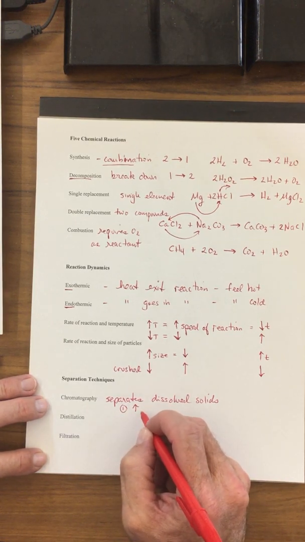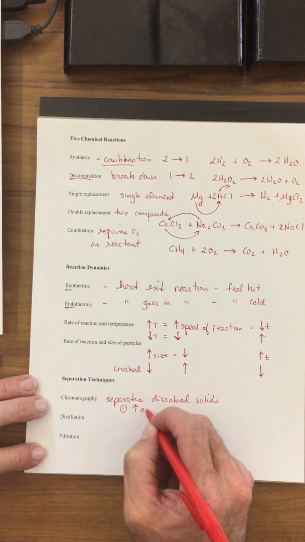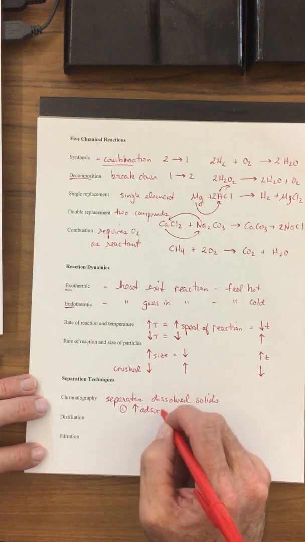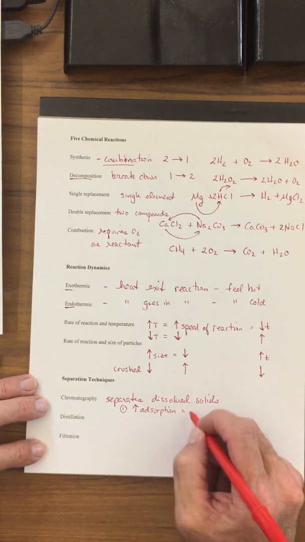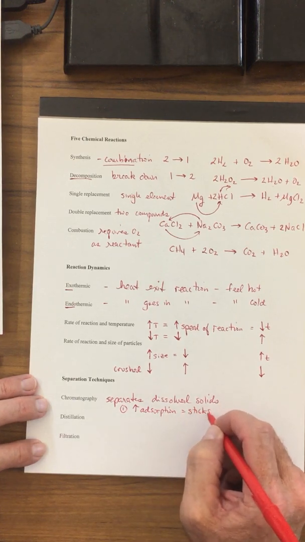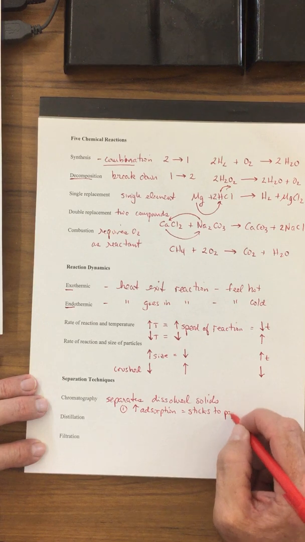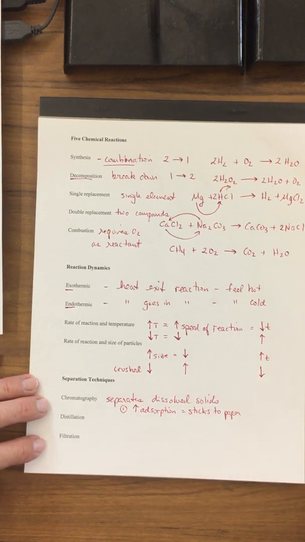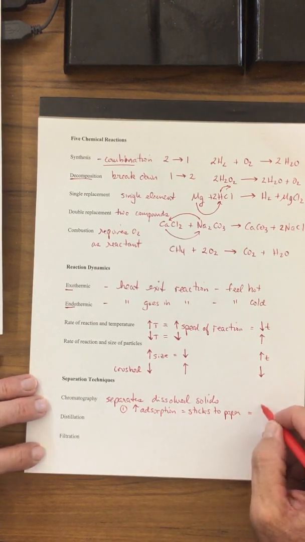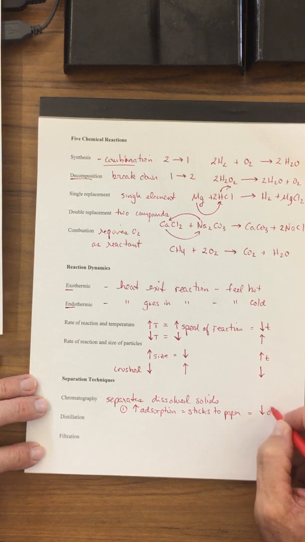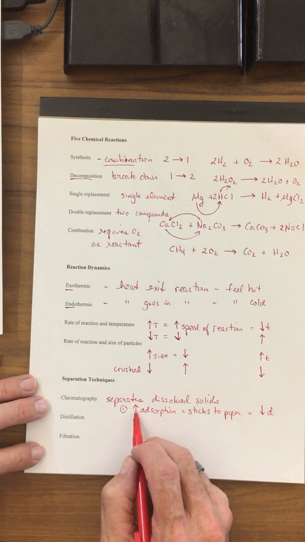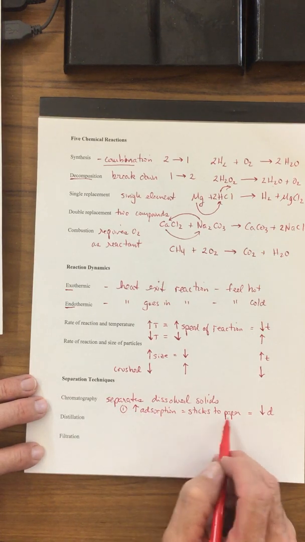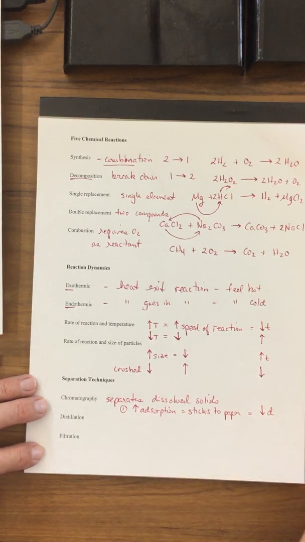So if you remember, adsorption is sticking to. So if you increase the adsorption, this is when those particles are sticking to the filter paper. So it's going to stick to the paper. If it's going to stick to the paper, it's not going to move very much, and therefore it's going to decrease the amount it moves. It's going to decrease the distance. If you decrease the adsorption, it's not going to stick to the paper, and it's going to move a lot more, being pushed by the liquid.